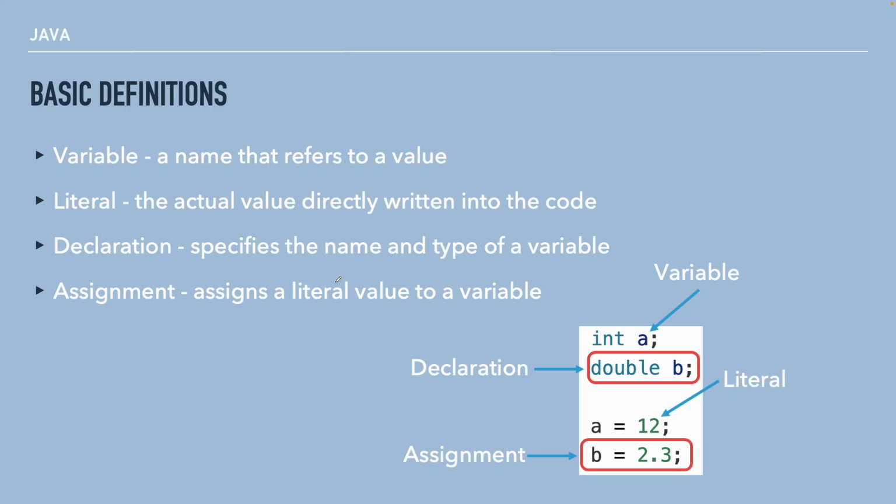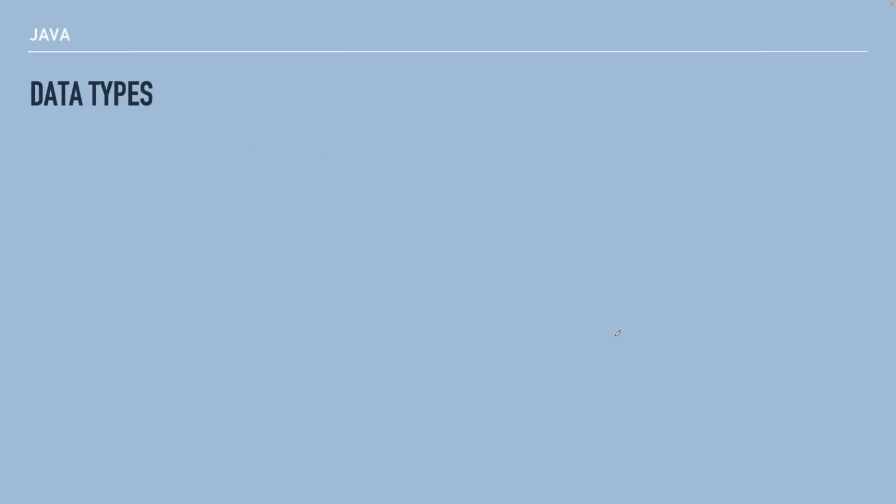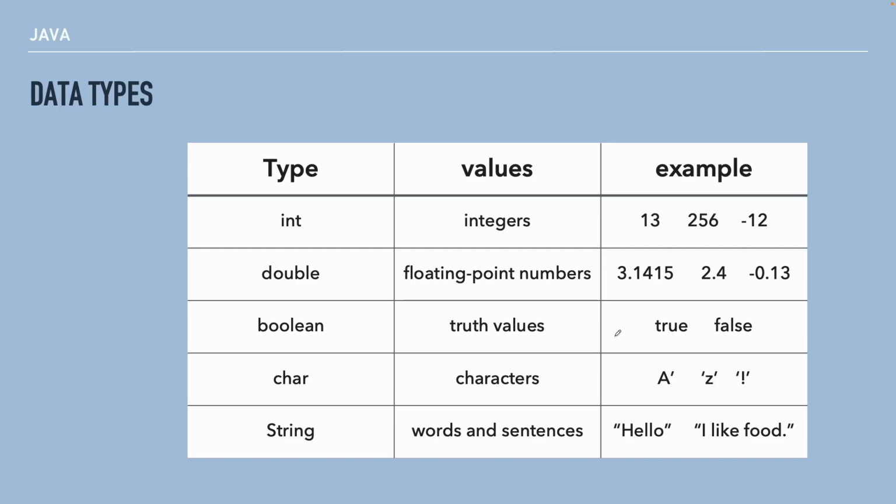Okay. One of the things that then comes up is, when we look at the declaration, what is this double or what is this int? And what are these data types? Data types are basically ways of defining what sort of value a variable will hold. So these are some basic data types that you'll come across.